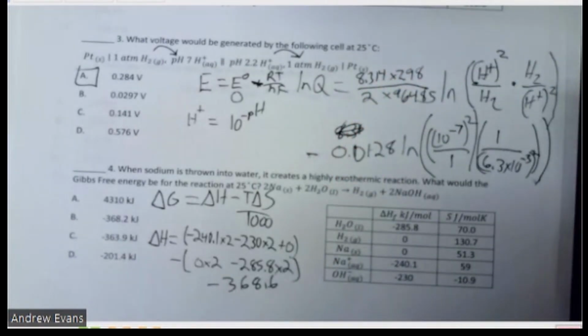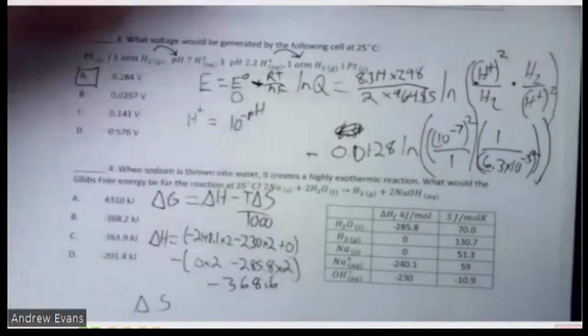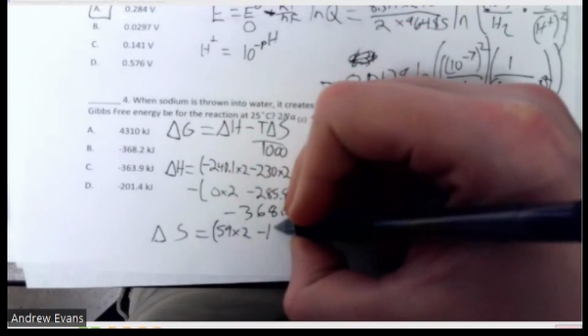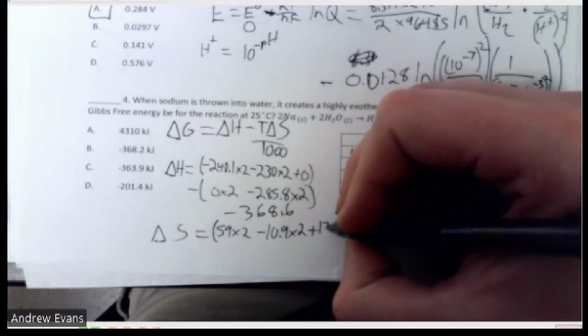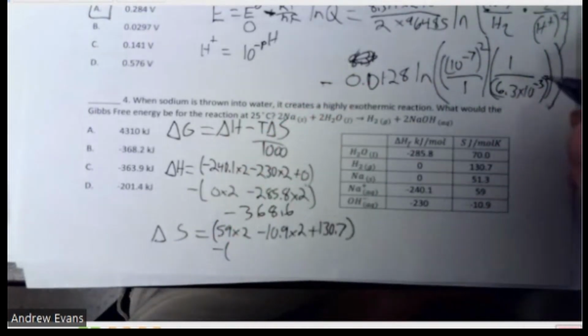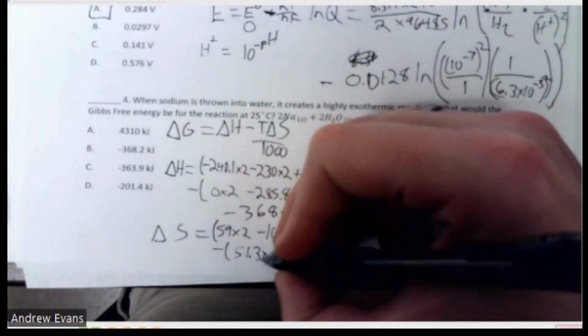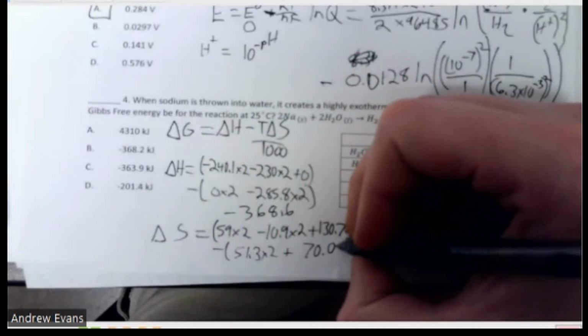And delta S, we have to do the same thing, except with more values. 59 times 2, negative 10.9 times 2, 130.7, minus 51.3 times 2, and 70 times 2.